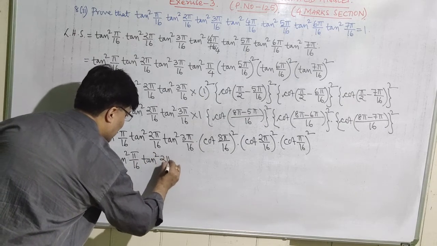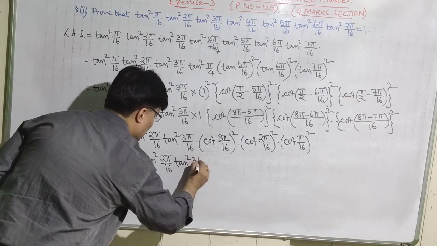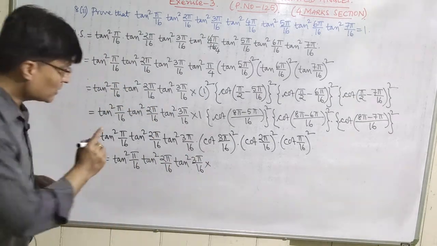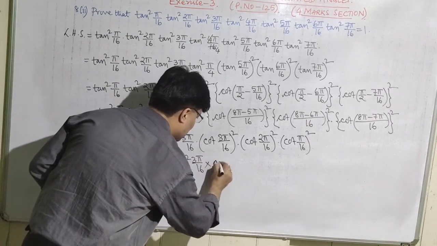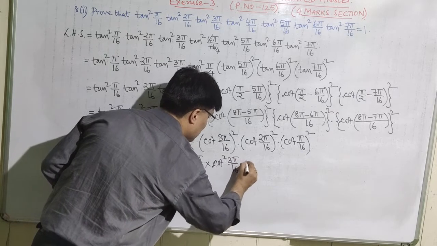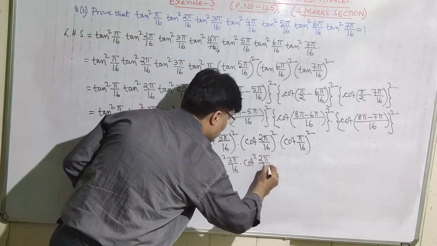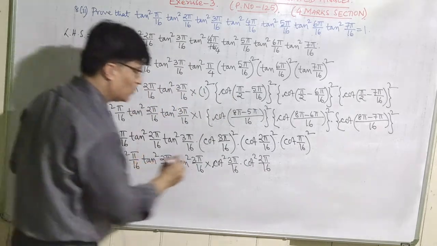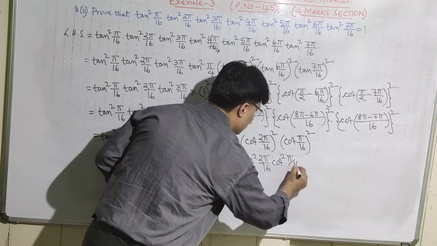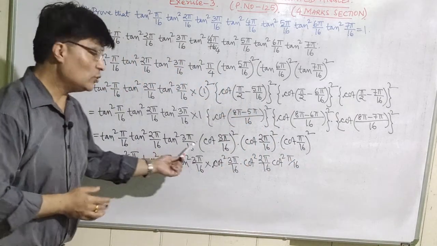This is tan square 2 pi by 16. This is tan square 3 pi by 16 into. Now you know that this is cot square, isn't it? This is cot square 3 pi by 16 into, this is cot square 2 pi by 16. And what is the last one? This is cot square pi by 16. So we have converted them into cot.